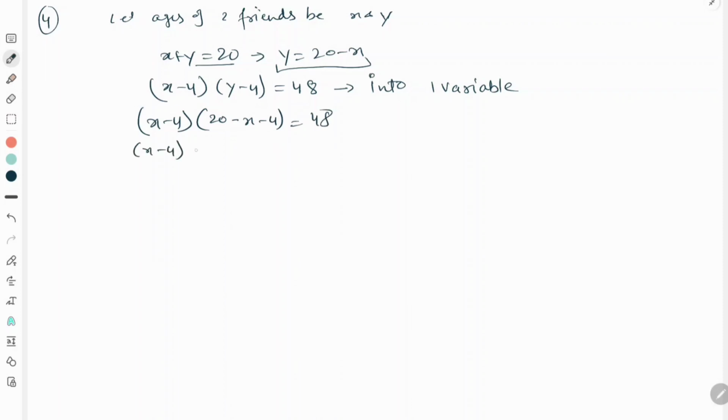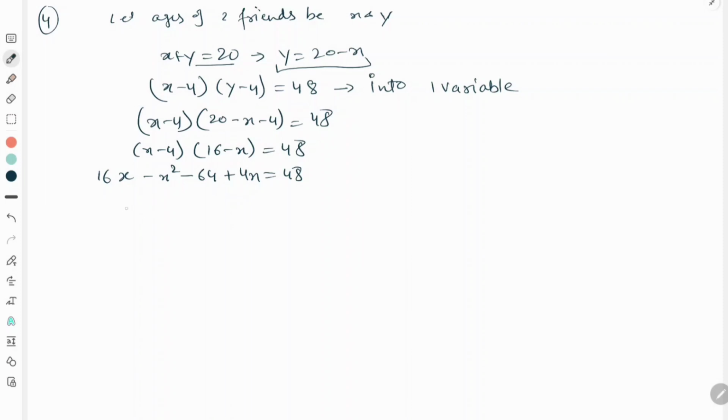So we can write it as 16 minus x, then we will solve it. 16x minus x square minus 64 plus 4x equal to 48.